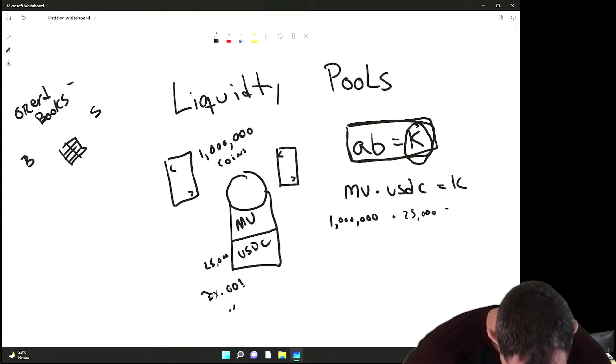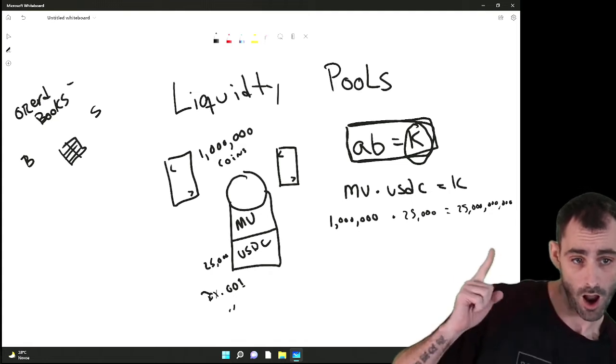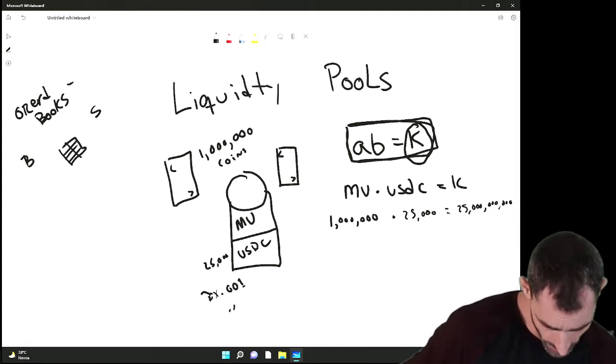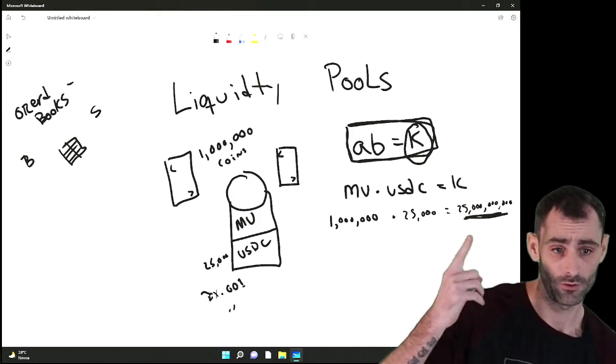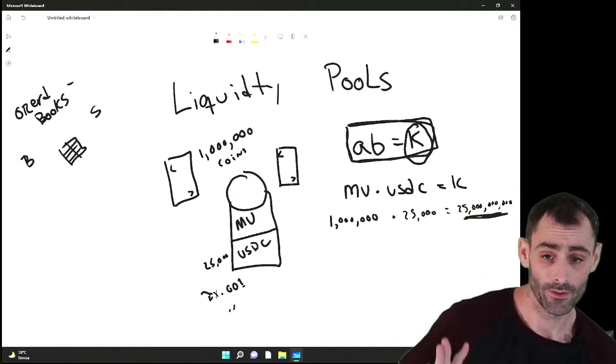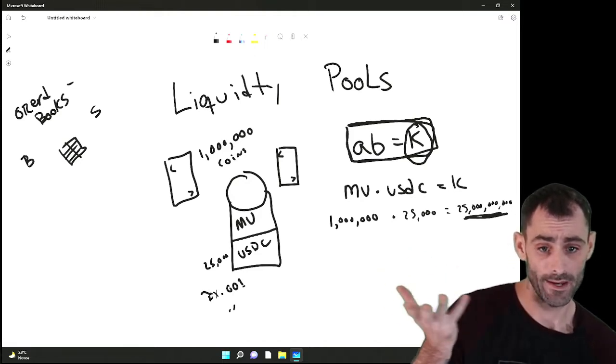Okay, and this has given us a constant product of 25 billion, I believe, if I'm doing the math right in my head. All right, so this has become our constant product. This is now going to become constant, and the price of an asset is all going to depend on this algorithm.